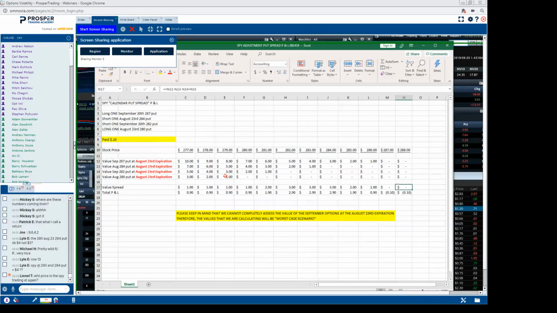Okay, so when I break it down like this, guys, remember the key with this is that we're valuing this at August 23rd expiration. There still is going to be premium left in our September put spread.